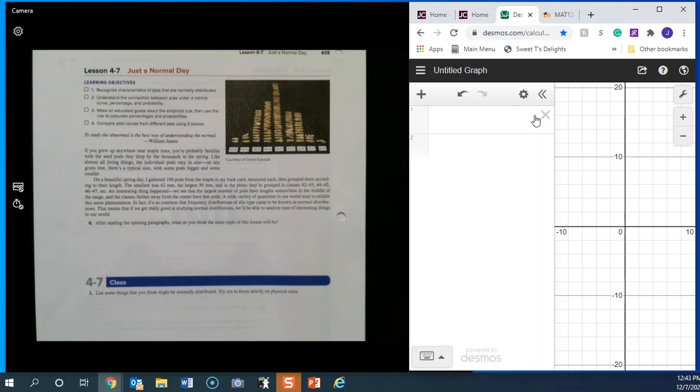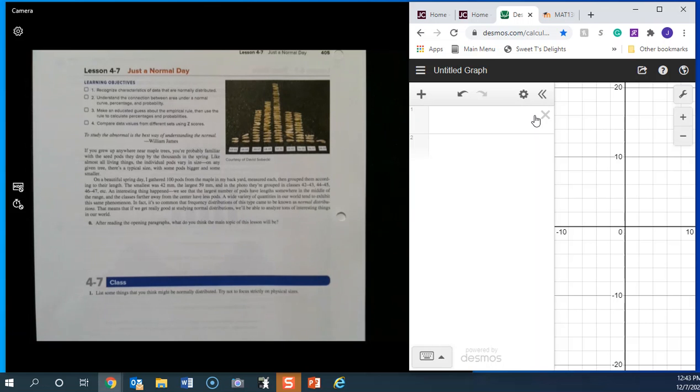Number 4, compare data values from data sets using z-scores. Okay, now we go here for 4.7, number 1. It says list some things that you think might be normally distributed. Try not to focus strictly on physical sizes. Okay.